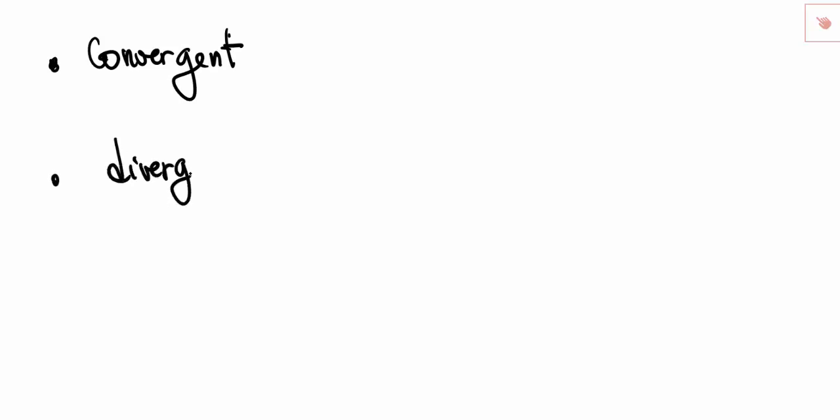So there are actually two types of possibilities when you're given a sequence, right? You can have that either the sequence is convergent, or you could have that the sequence is divergent.